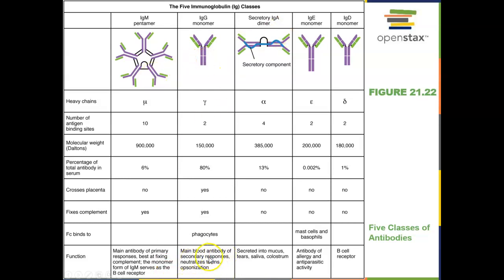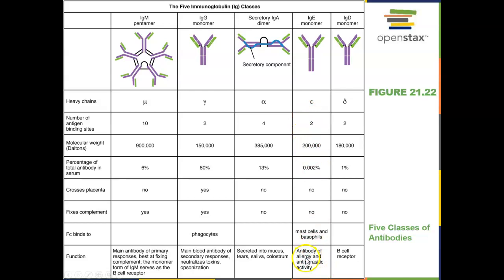IgG is the most common antibody. It is the most common secondary response antibody. It also fixes complement. IgA is an antibody produced in our tears, saliva, and in colostrum, which is that first primary milk that babies get.